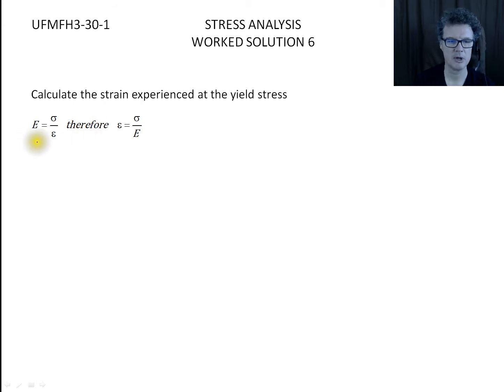Now this is where the worked example again differs from a typical exam problem. So first of all, we start off with normal stuff. So we've got Young's modulus, or the modulus of elasticity, whatever you want to call it. That's the E number. It is the stress divided by the strain.